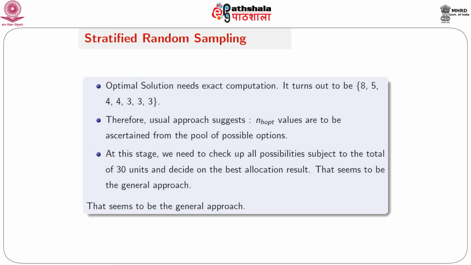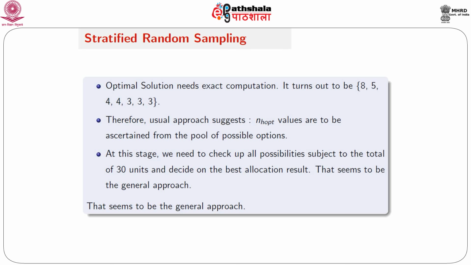So the optimal solution needs exact computation, and it turns out to be 8, 5, 4, 4, 3, 3, 3. Out of the 4, you compare the variance expressions and you find that this is the optimal allocation. So the usual approach suggests that n_h opt values be ascertained from the pool of possible options. That is the usual approach.